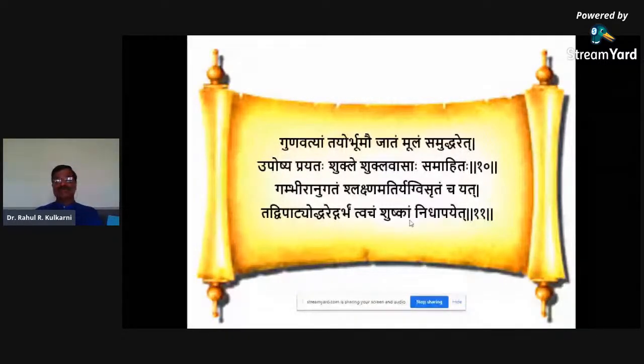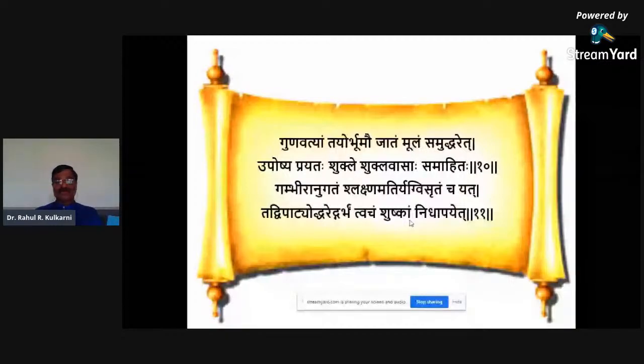and Shukla Vasa, one has to wear clean, white, fresh clothes, and in Shukla Paksha in the early morning, after performing the Vrutadis on the earlier night, he has to go and collect the medicine.